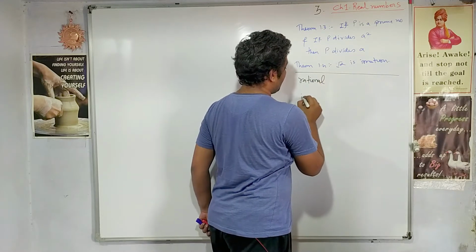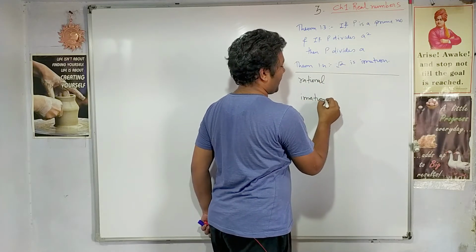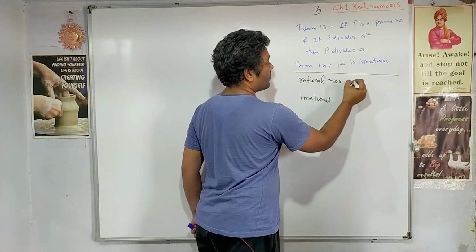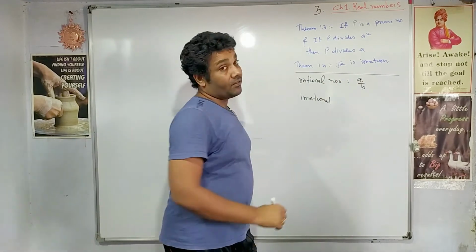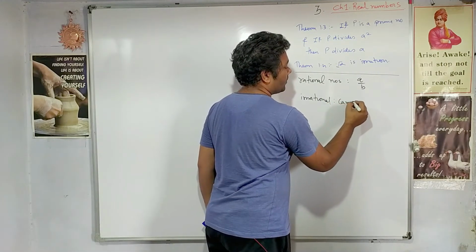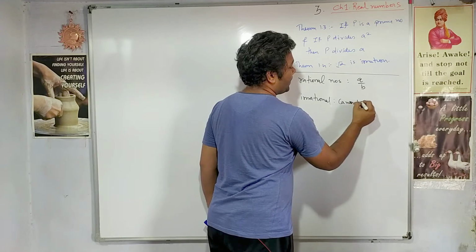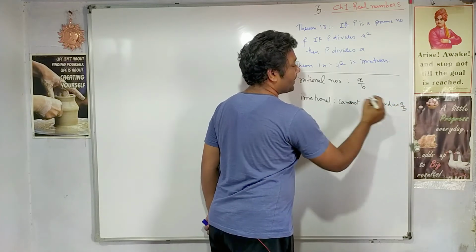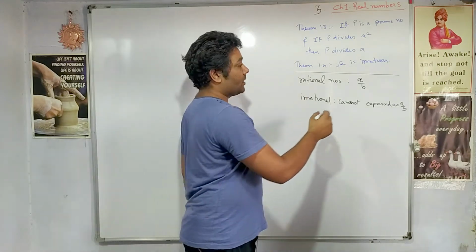Rational and irrational, right? Rational numbers are those which can be expressed in a upon b format. Irrational numbers are those which cannot be expressed in a upon b format. An example of a rational number is 1.2.